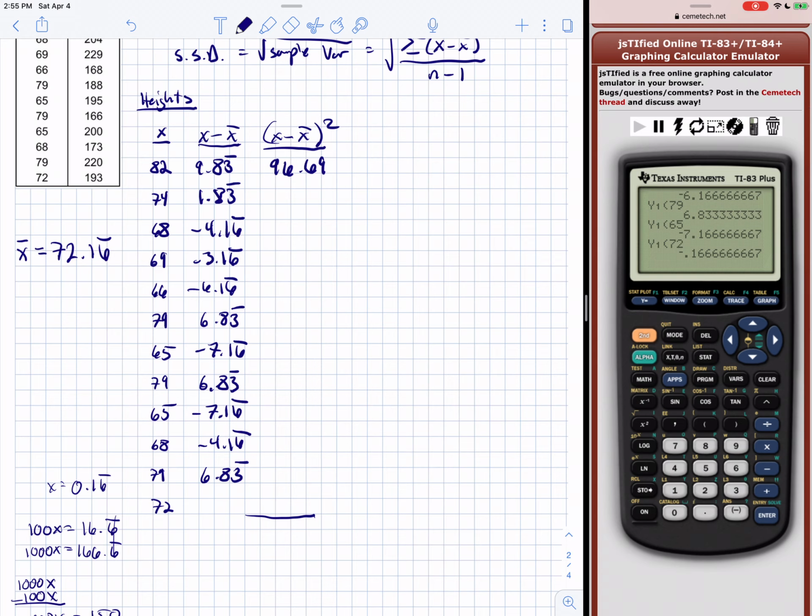Negative .16 bar. Okay. So then we want to take all those results and square those answers.